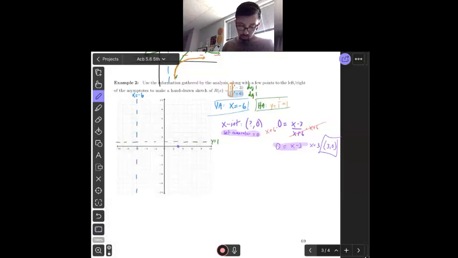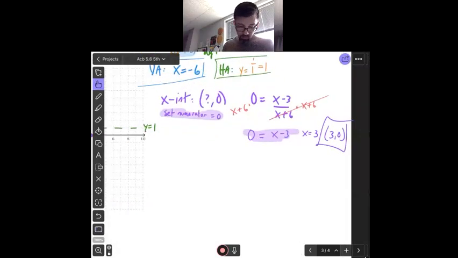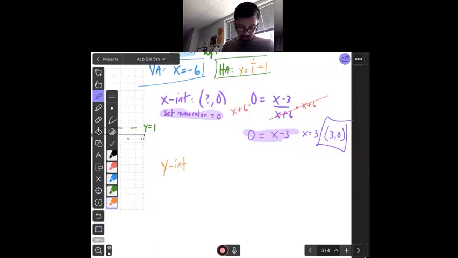Now what about y-intercepts? What do we know about every y-intercept that ever was, ever will be? Yep, x is 0, right? This one's easier. So essentially what we're doing is plugging in 0 for x, which is 0 minus 3 over 0 plus 6, right? So it's just negative 3 over 6, which is negative 1/2.